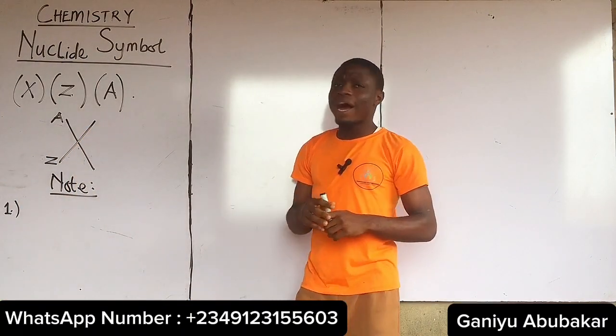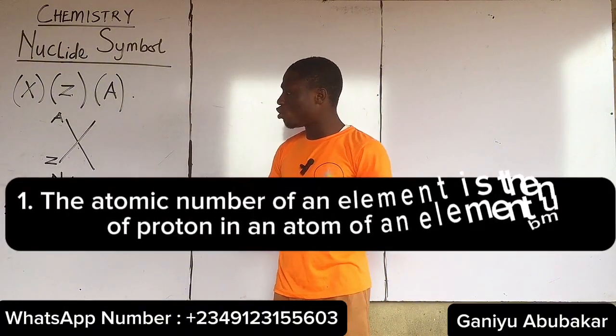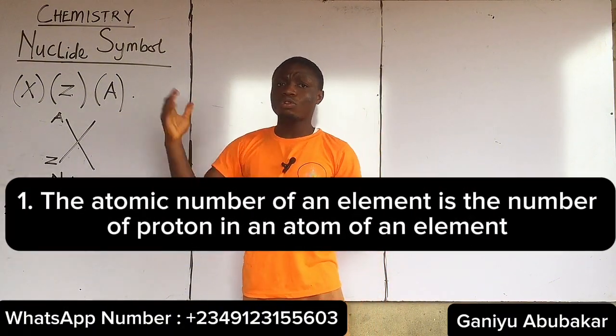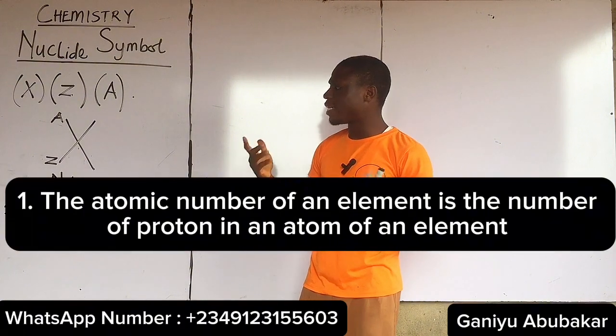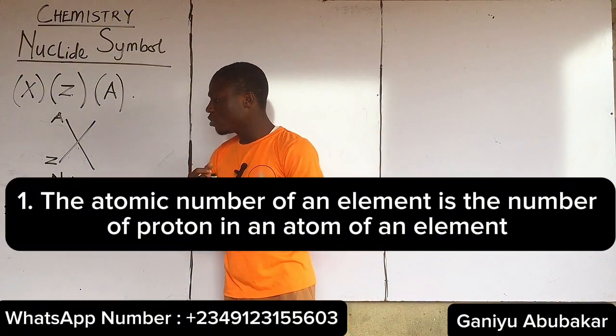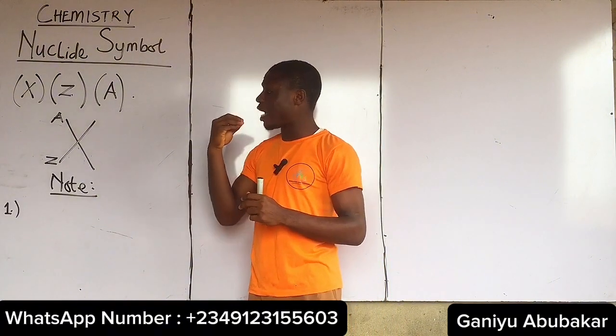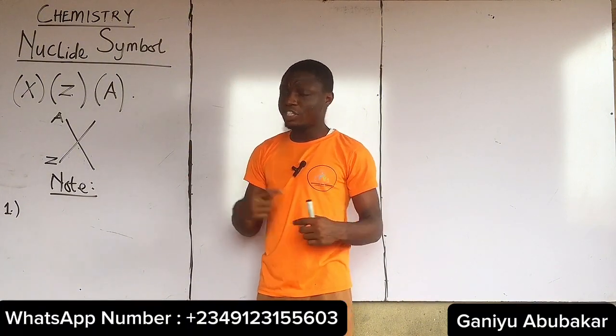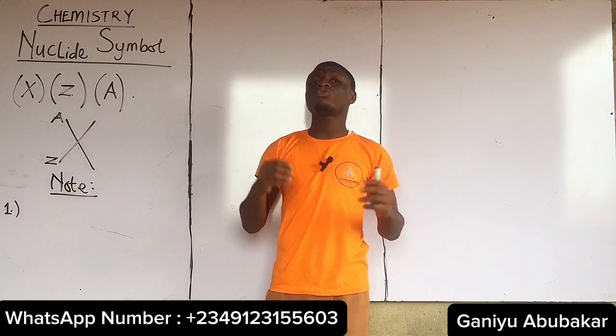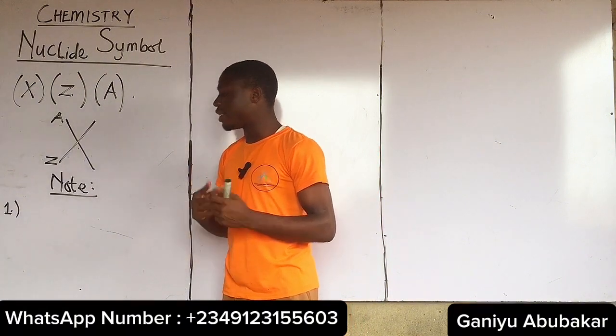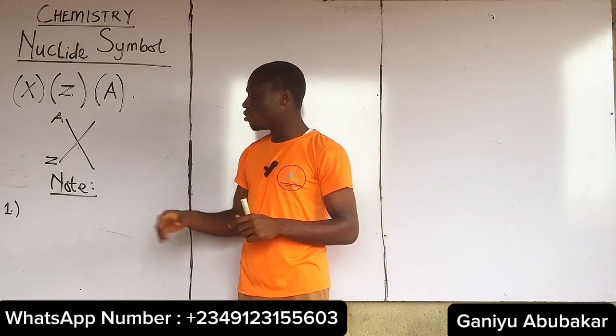The atomic number of an element is equal to the number of protons in an atom of that element. That's note number one.